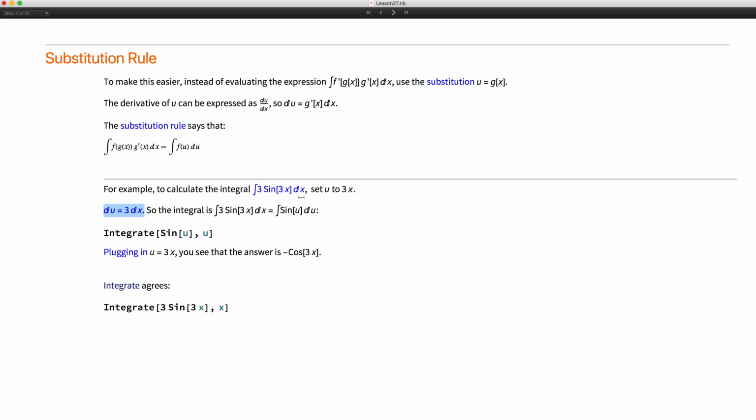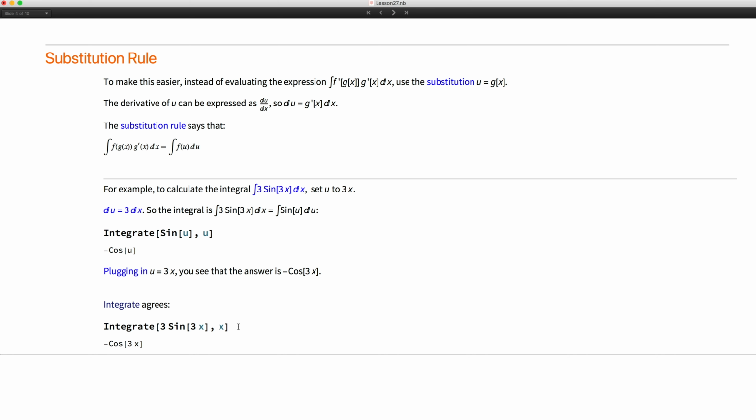But we can't stop over here because u is 3x, so the answer is negative cosine of 3x. You can check that directly with integrate, and you do get back the right answer. So that's the rule for substitution. Namely, you set u to be g of x and then proceed from there.